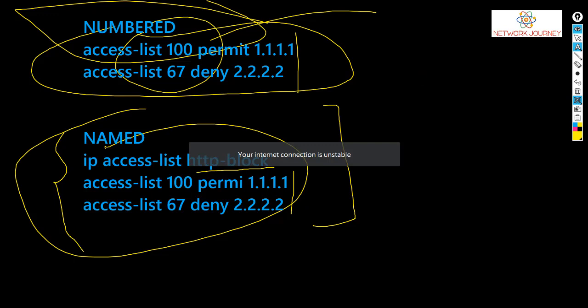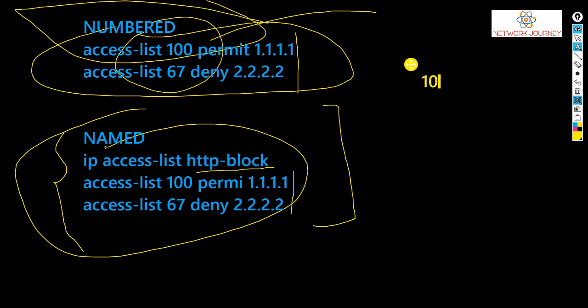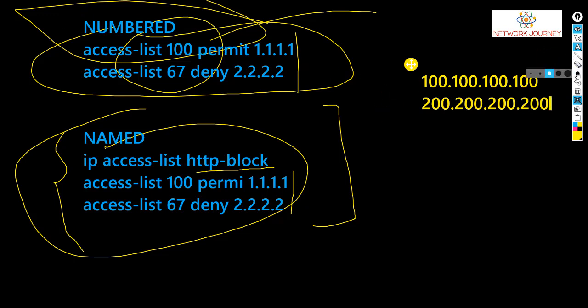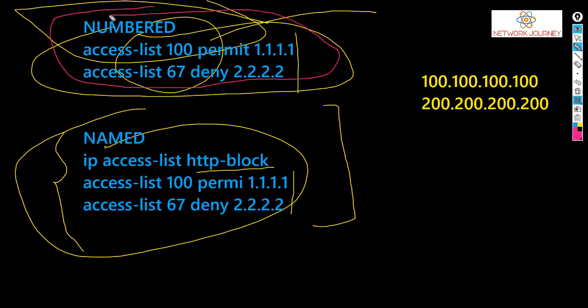If you deal with this kind of environment or organization, it will take a lot of time for you to find out which access list is defined for blocking HTTP, and finding it and then placing them will take a lot of time.